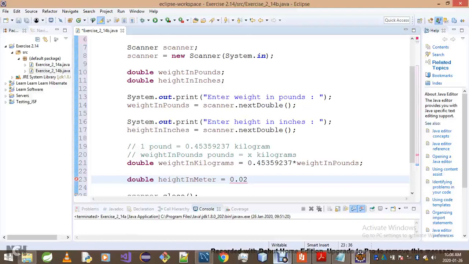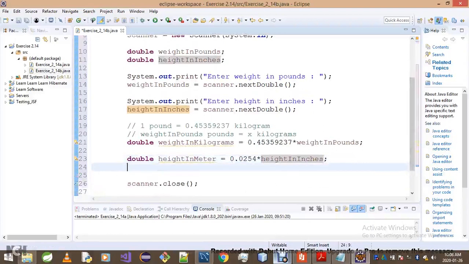So it's 0.05454 multiplied by our height in inches, right?